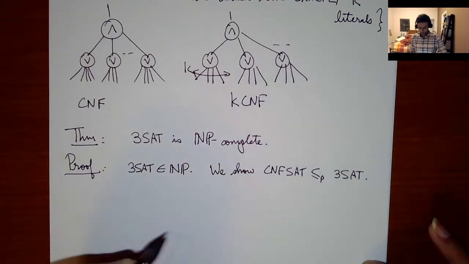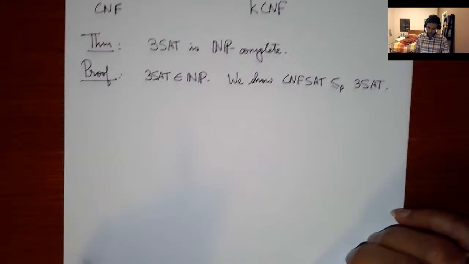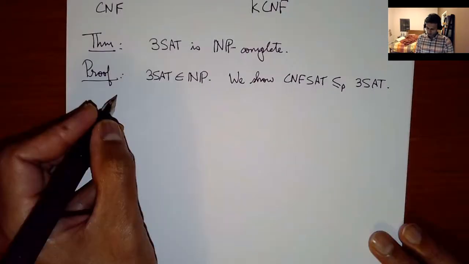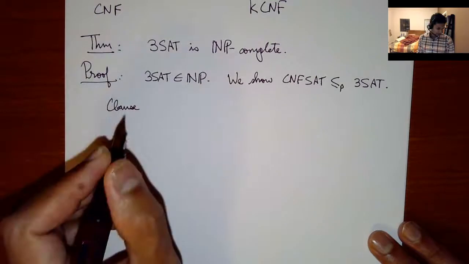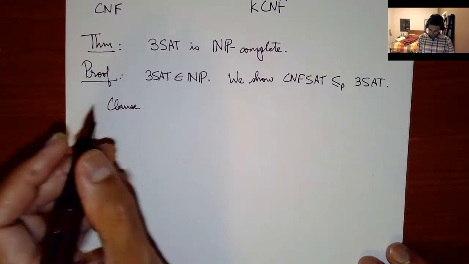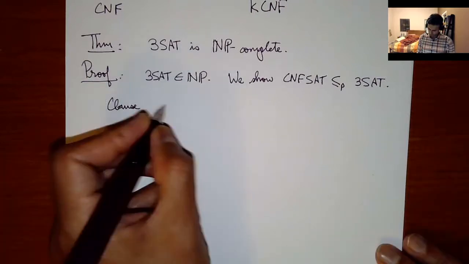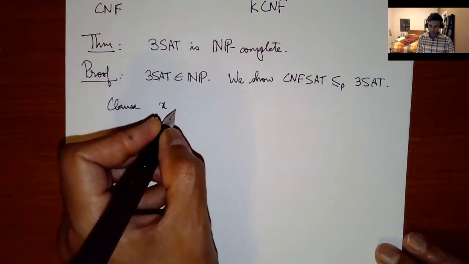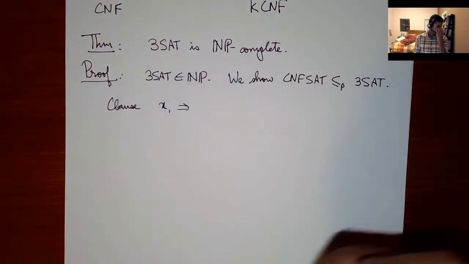So all we need to do is to basically convert each clause into a clause that has exactly 3 literals by adding extra variables. Let me just show you what that construction is. Let's say your clause is x1, a single clause. This is going to be a very simple conversion.